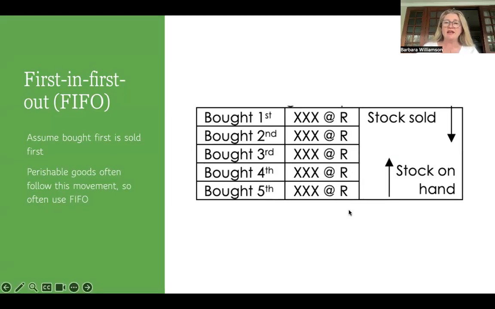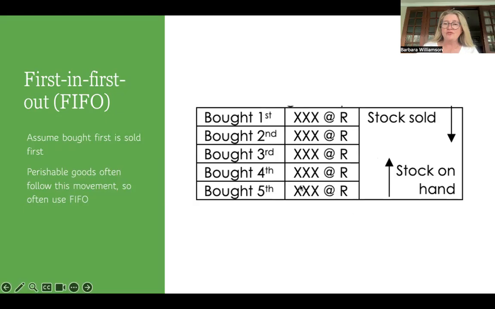When you're calculating the value of your stock on hand, obviously you need to know how many units you've got on hand. So you'd work that out first, and then all you do is you give those items a value from the bottom up. In other words, you assume that your closing stock must have been made up of the last items bought.